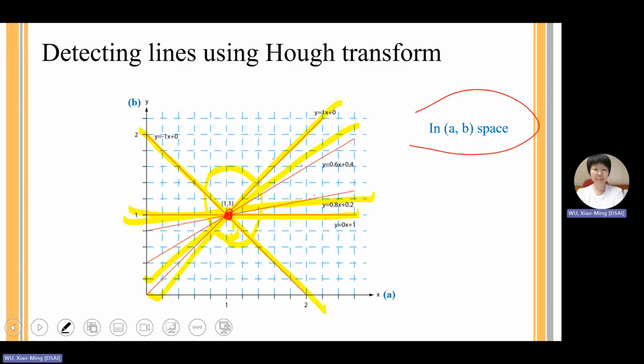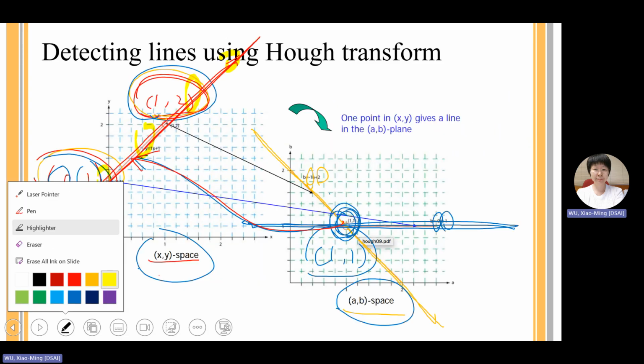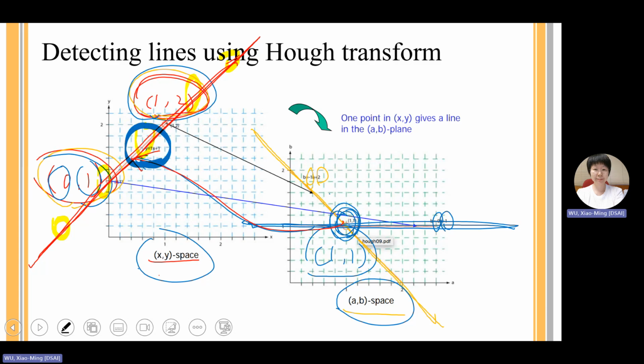Their intersection 1, 1 corresponds to the parameters of this line, the slope and the intercept of this line.